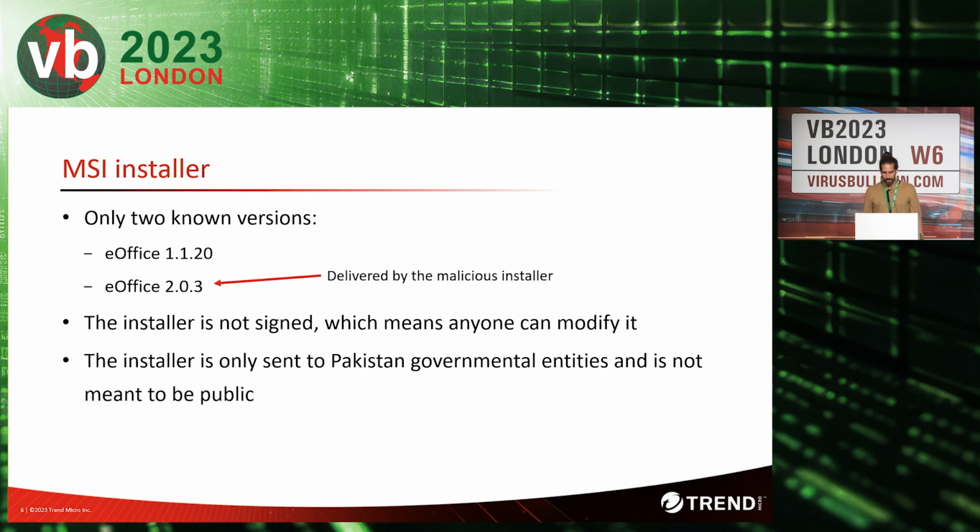This means that in the MSI format, with the proper tools, you can modify the installer and add custom actions without the need to have the source code or the files that were used during the build of the MSI installer. Also, as far as we know, this installer was only sent to Pakistan governmental entities, and it is not supposed to be downloadable from public sources on the internet.